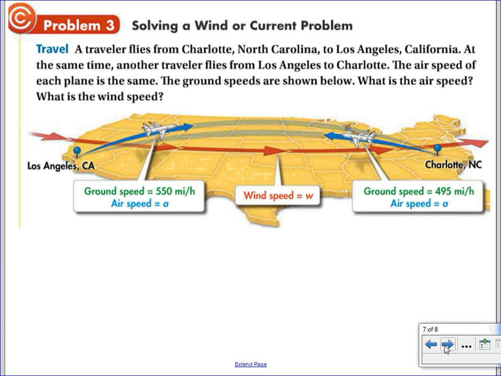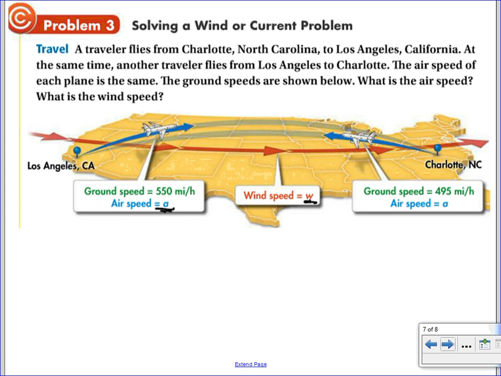So let's try to write an equation based off of this. We basically know that if we take the airspeed plus the wind speed, that's how we'll get the ground speed. The airspeed's set, and if the wind is pushing them, it's adding to it, right? So A is our airspeed, W is our wind speed.